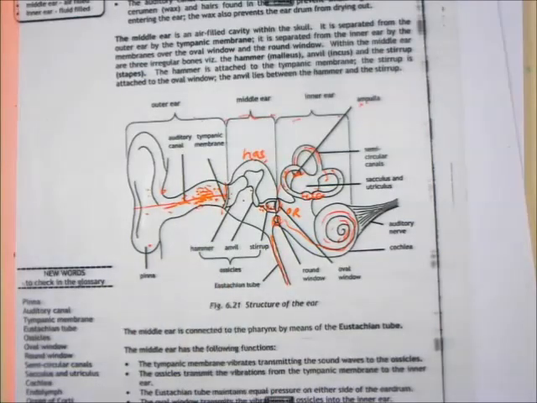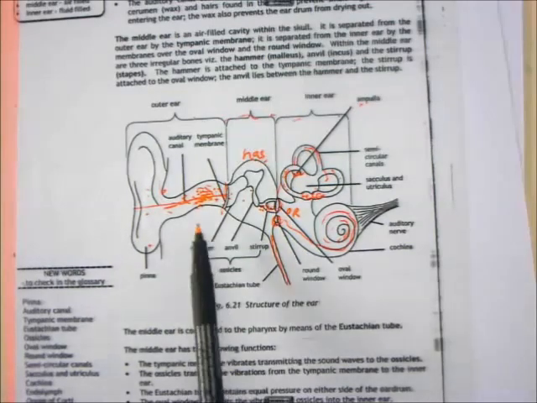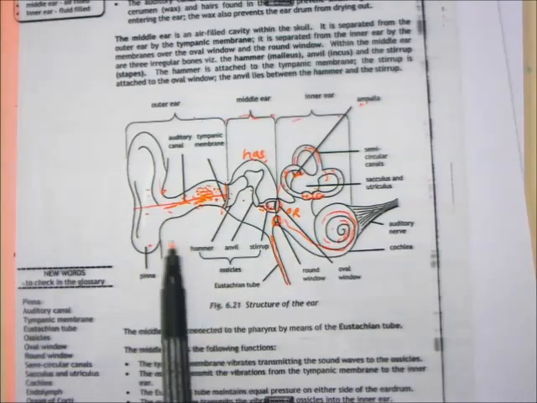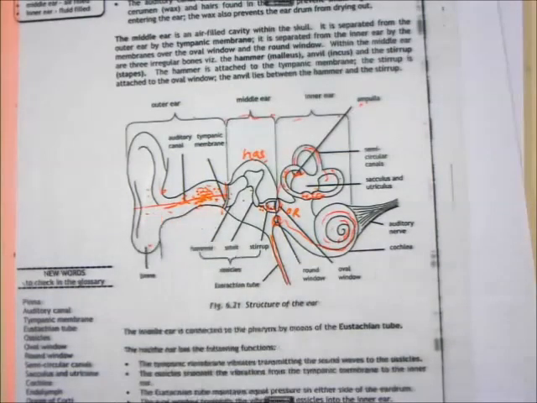A person or a patient will go to the doctor, and then the doctor will pour warm water into the auditory canal. So now the warm water will cause the wax to melt, and then hearing will be restored again, meaning that a person will be able to hear normally again or in a normal way.